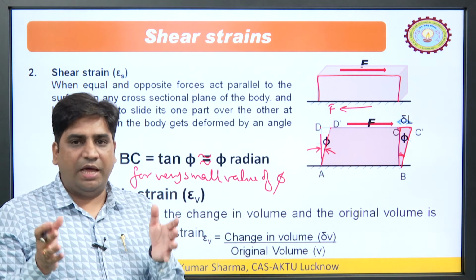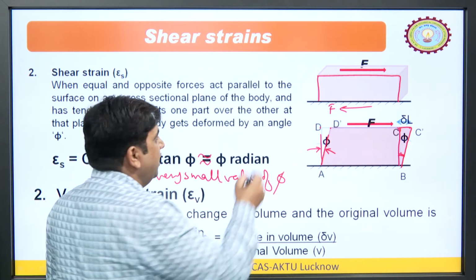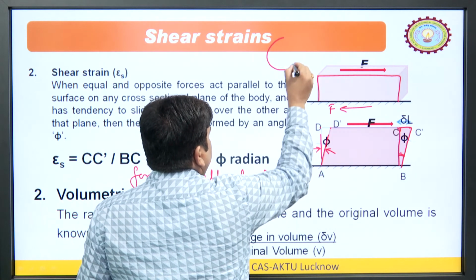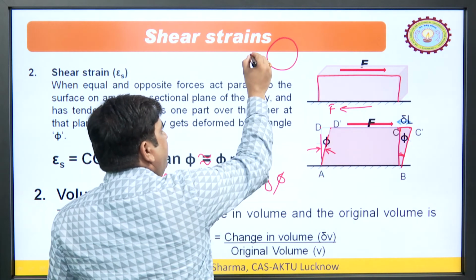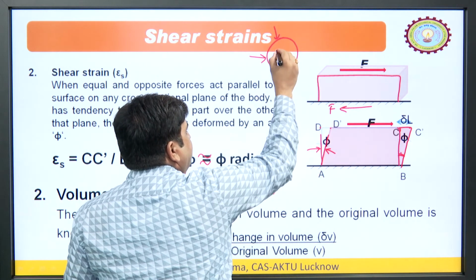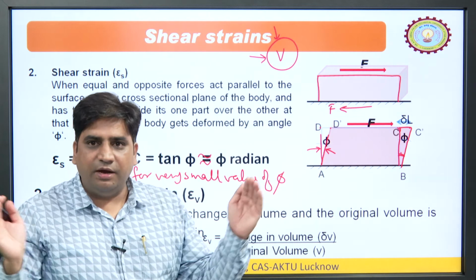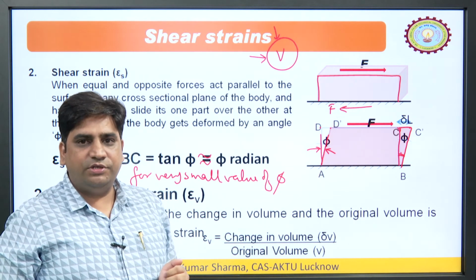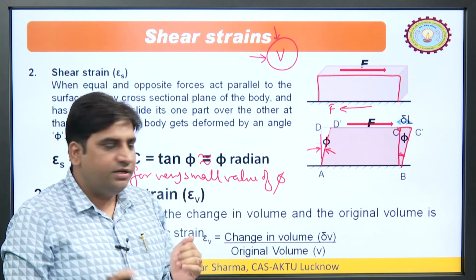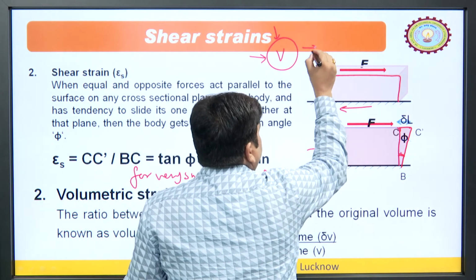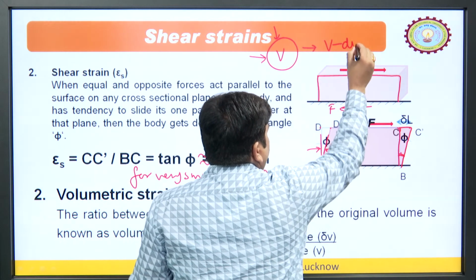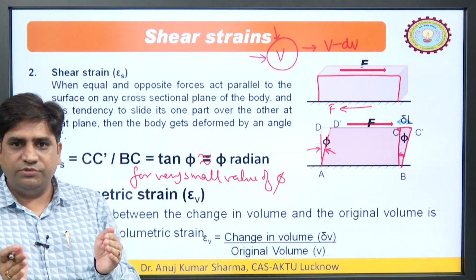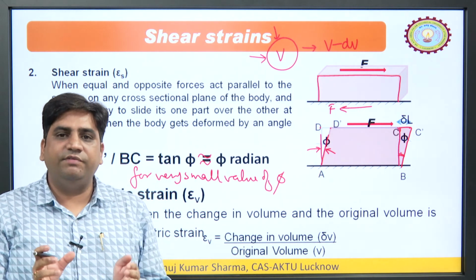Let us say we have one balloon, and initially the size of the balloon is this much, and we compress it. Let us say the initial volume is V, and if we compress the air, what will happen to its volume? Let us say it becomes V minus dV, so the change in volume is dV.